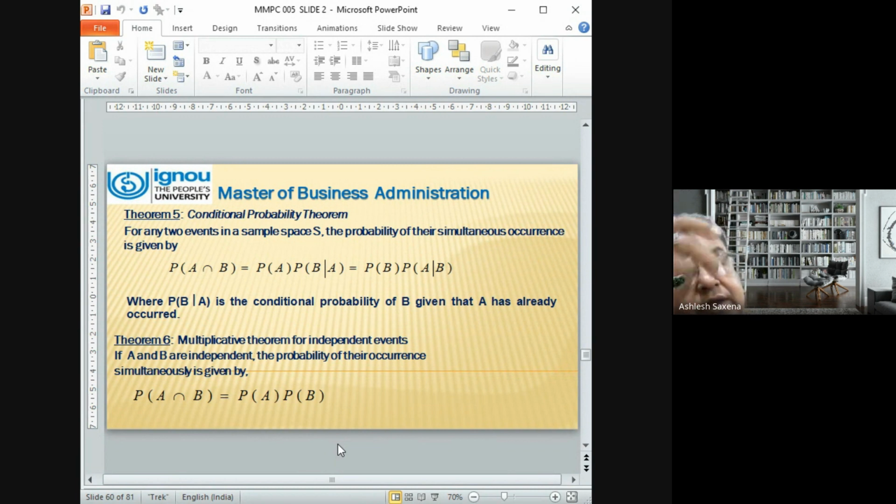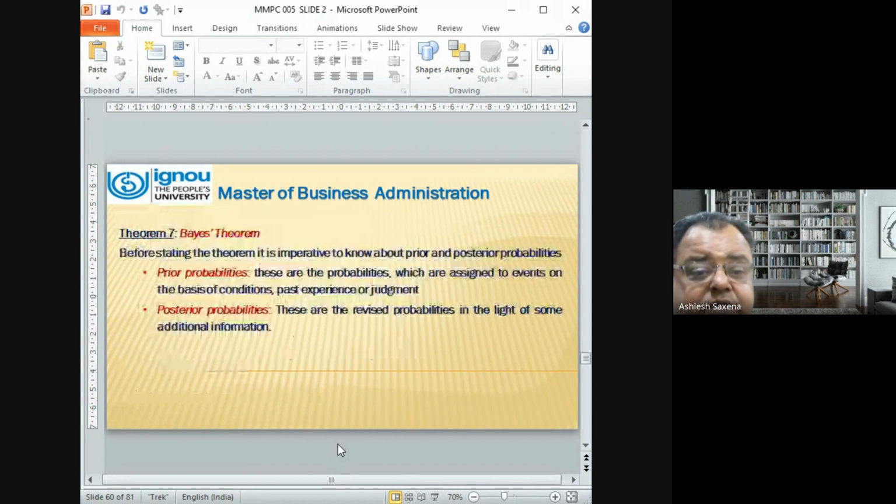If we have to find for B, that will be P(B) into P(A by B). See the change, only reciprocal has been there. Where P(B by A) is a conditional probability. I'm telling you this conditional probability because in Bayes theorem, conditions apply. Where? In Bayes theorem. We will see, here it comes, Bayes theorem.